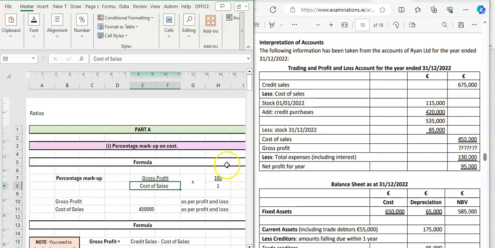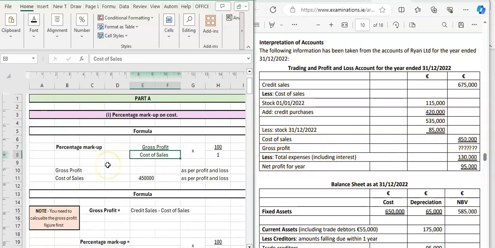And then my gross profit, so my gross profit is not calculated. So I need to find out what is my gross profit. So I know from my question, to calculate my gross profit, you're going to take your credit sales of 675,000. You're going to take away your cost of sales of 450. That's going to give you a gross profit.